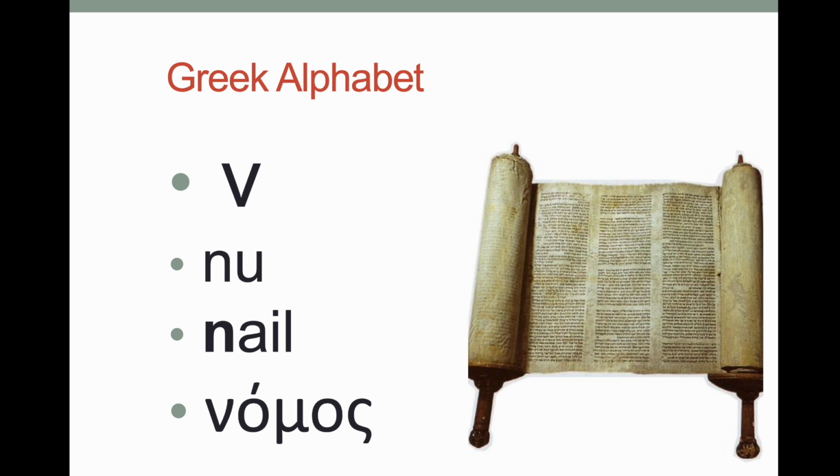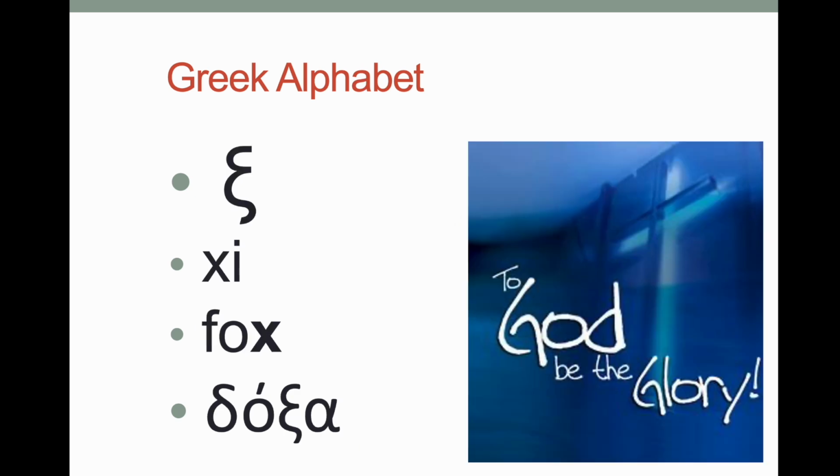The example I have there is the word for law or instruction, and it's pronounced nomos. The next letter I have there is an xi, and it's pronounced with an X sound, like fox. And the Greek word I have there is doxa, which means glory.